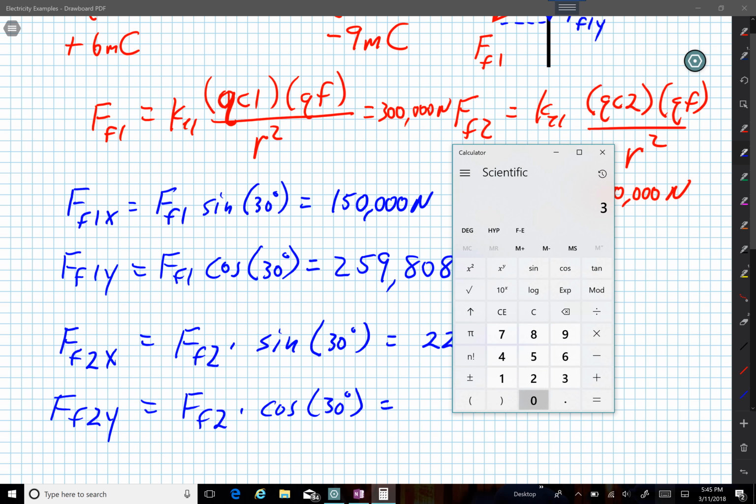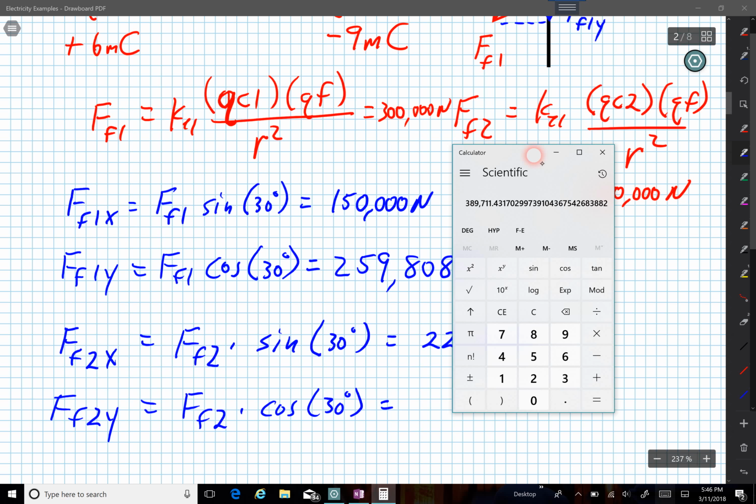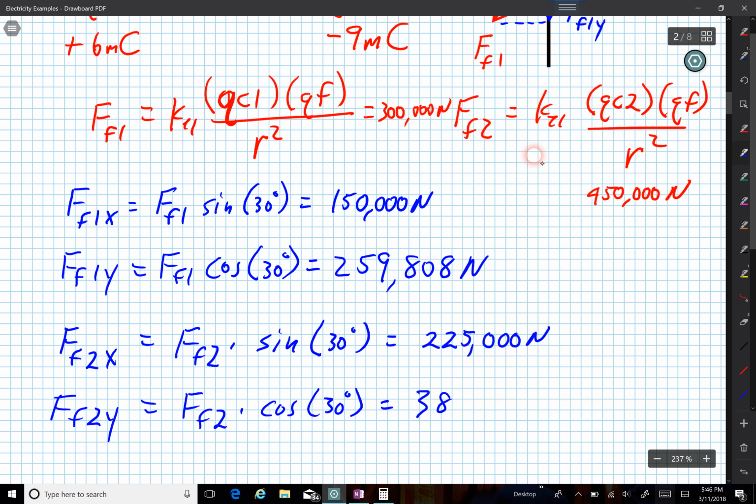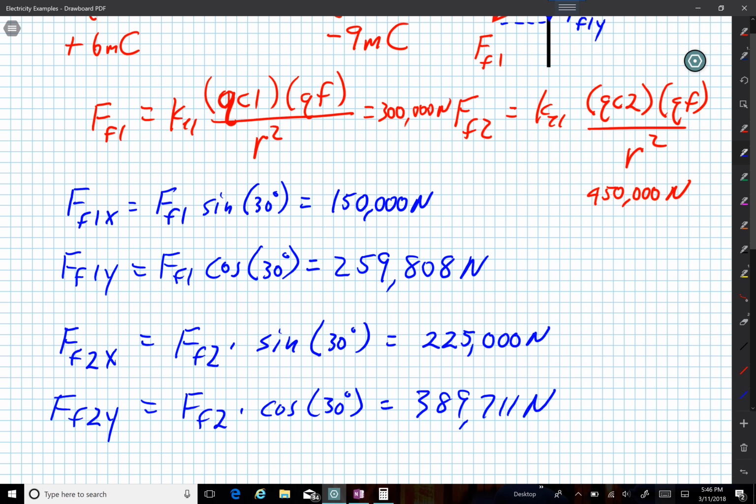So we got 30 cosine times 450,000 is 389,711. 389,711 newtons. You keep all the digits. I get to round off.